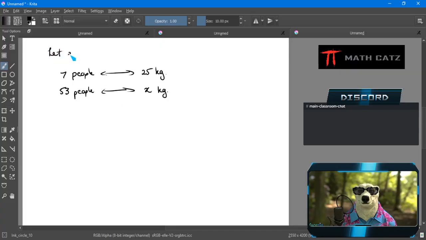We probably should. Let X represent the amount of sugar 53 people need in a week. Everything here is 1 week.